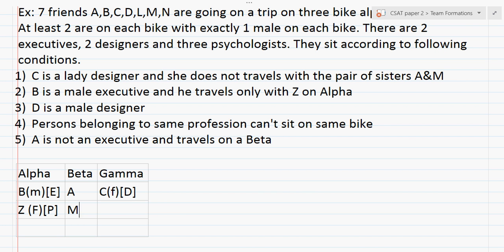Those are the statements we are given. Can we solve the question further, or are we missing some statements? I think we are missing a few statements. Let me check the question again.